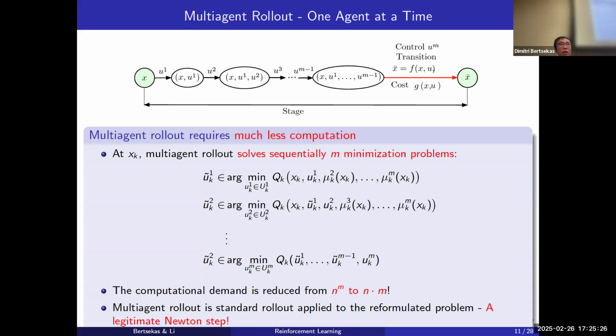For this multi-agent path finding problem, if you start with a very bad order, and if you stick to this order, then multi-agent rollout definitely performs worse than standard rollout. But again, that's kind of an academic rare case.